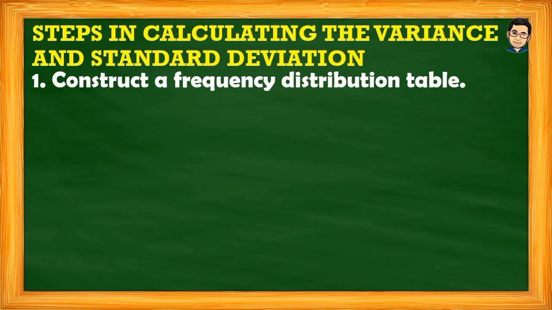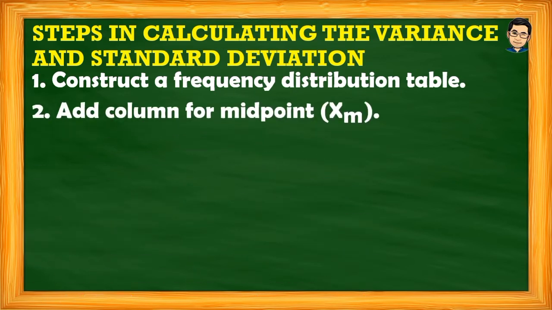Kung data po yung given, kailangan nating mag-construct ng frequency distribution table. Meron naman tayong video lesson dyan kung paano natin i-construct ang frequency distribution table. Dito sa ating video lesson, given na po agad yung ating frequency distribution table.